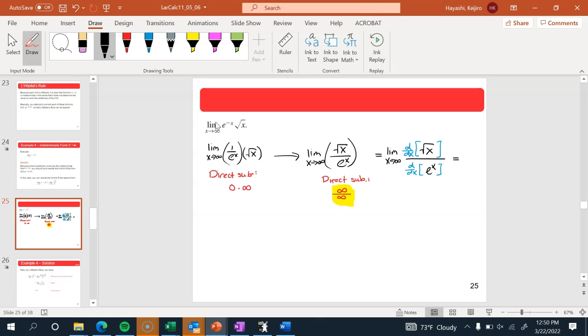Now the derivative of square root of x, maybe you've done it enough times to notice a pattern, maybe you haven't, but the derivative of the square root of x is 1 over 2 square roots of x.